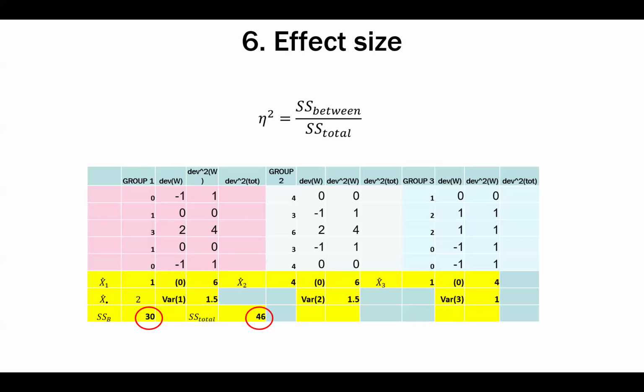And it can be uniquely interpreted, only in the case of the one-way ANOVA, as the percent of variability in the total data set attributable to group membership, or in this case, attributable to room temperature. So 30 divided by 46 is 0.65. And in terms of size, that's a large effect.